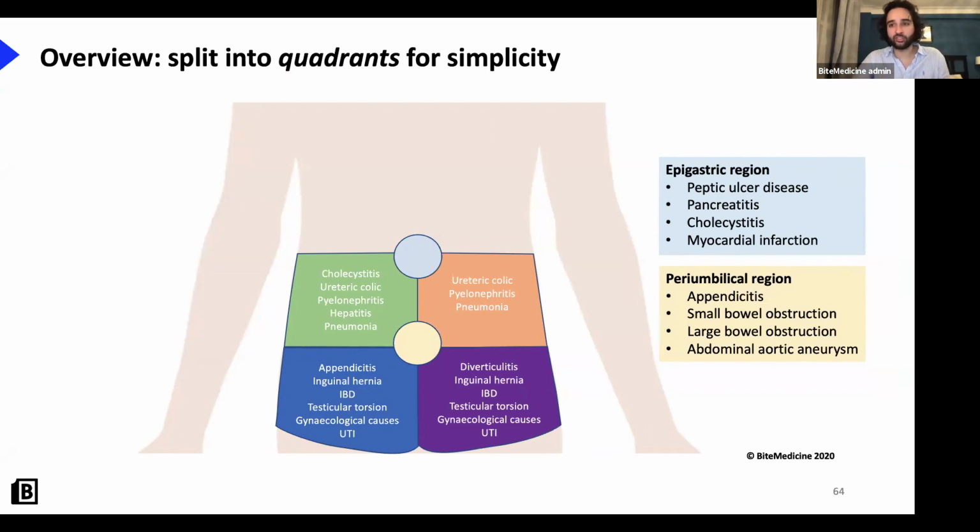I split them into quadrants because I think that's the easiest way to remember them, but also remembering how we differentiate these conditions, what extra investigations we need to do, which patients need an operation or to get to theatre straight away, and how we are going to manage these conditions. I was so impressed by the extra depth of knowledge that you've developed here, not just thinking about diagnosis, but thinking about how we can differentiate these conditions. And that is going to stand you in fantastic stead moving forward.